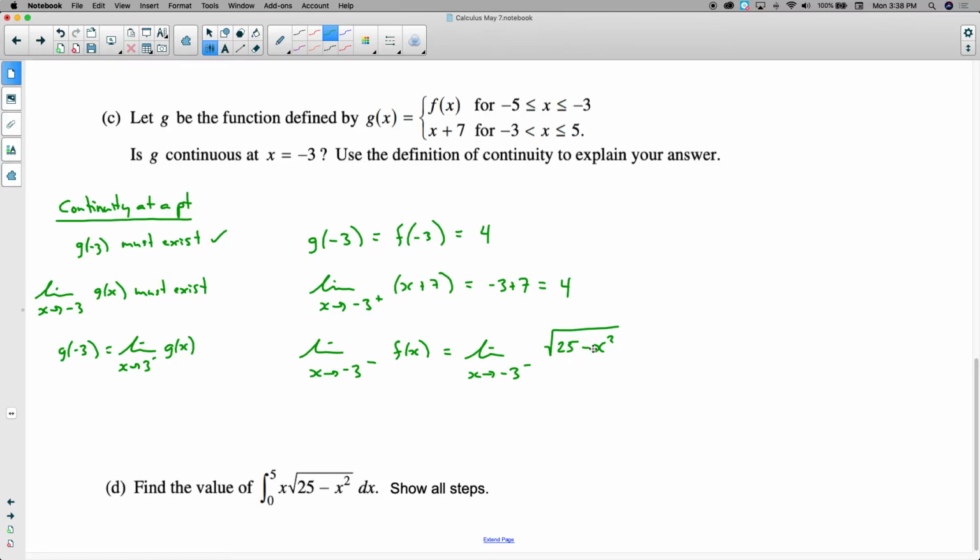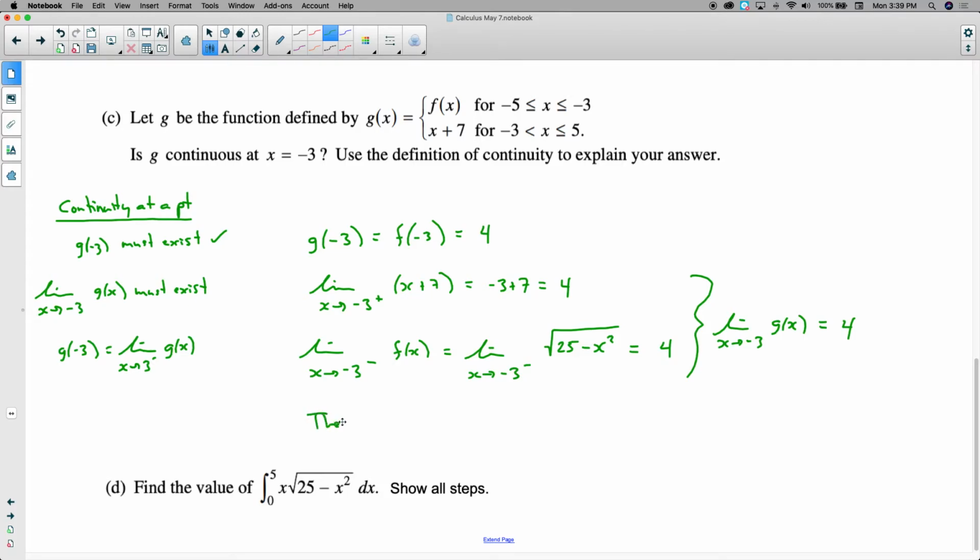Since it's continuous, again I can just drop in -3, and that turns out to be 4 also. Okay, so that's pretty tricky, but these two combine to say that the limit as we approach -3 of our piecewise defined function g not only exists, but it's equal to 4.